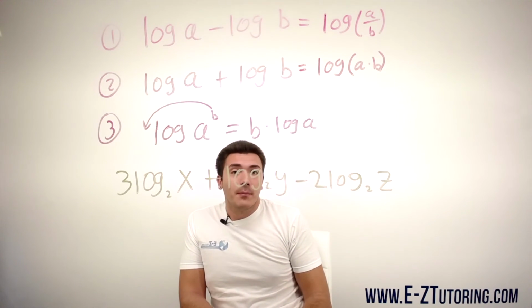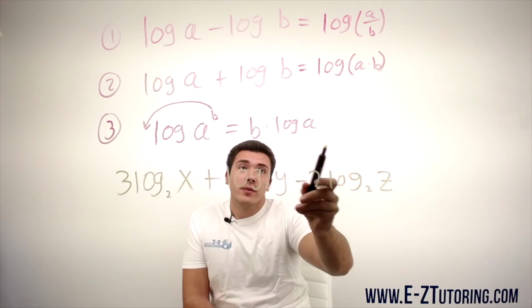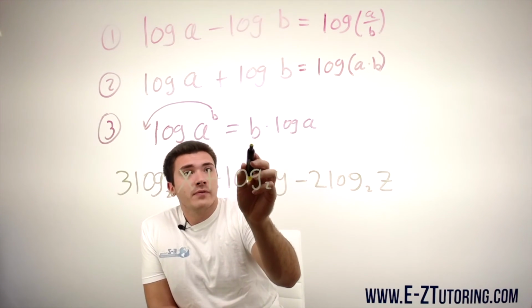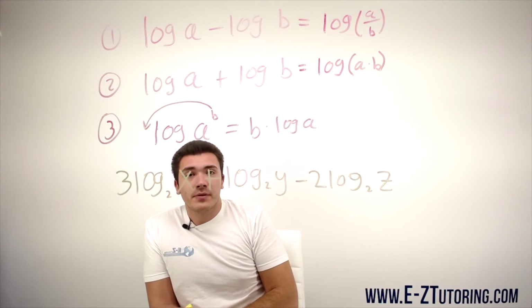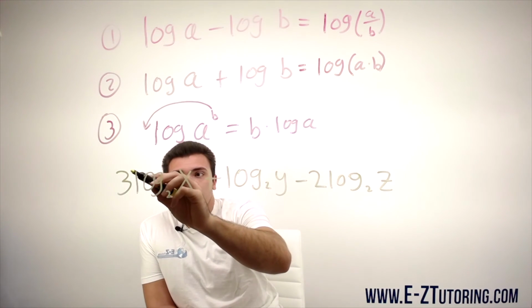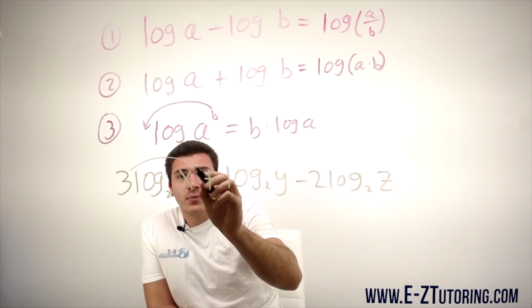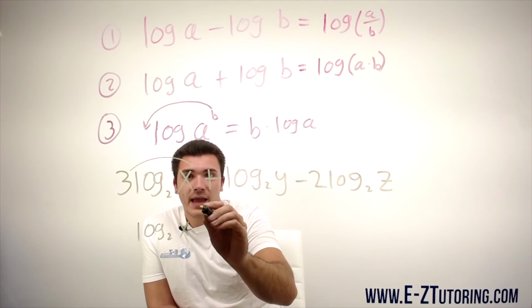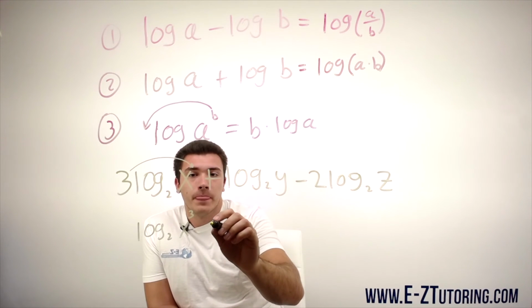In order to start combining them, like I said, you must do rule number 3 first. That means take the numbers in front of the logs and put them as exponents. So we put the 3 up here, we get log base 2 of x cubed.